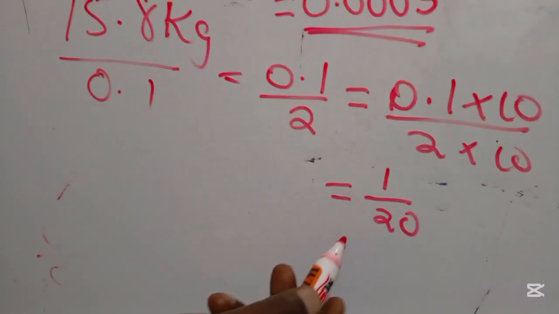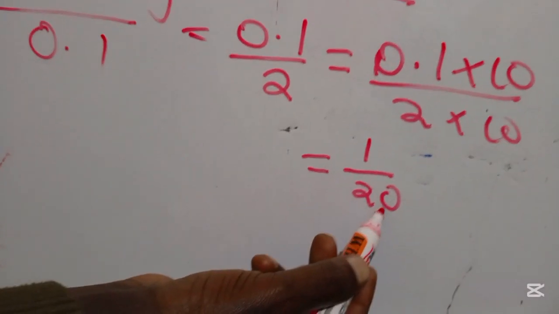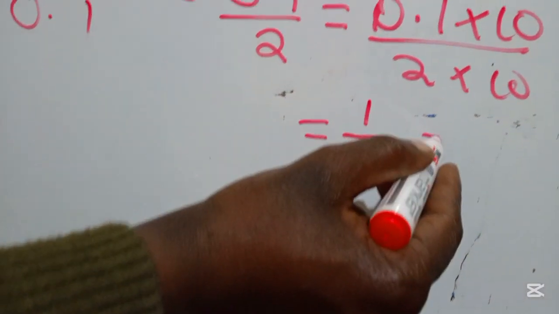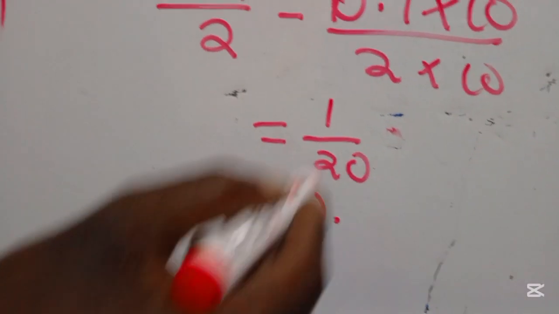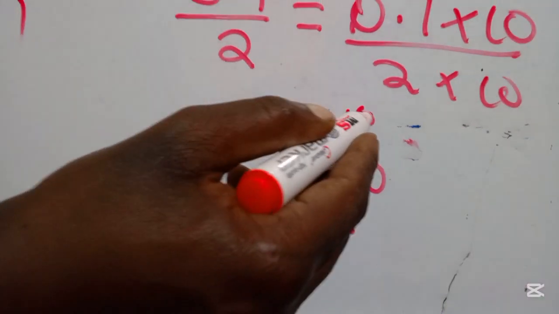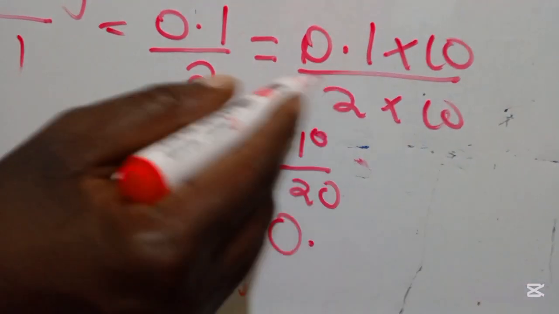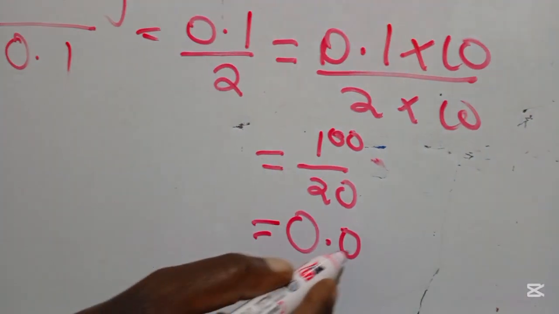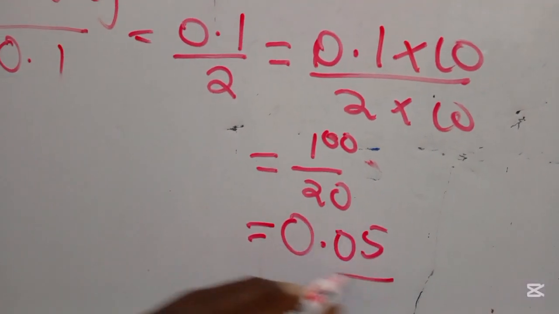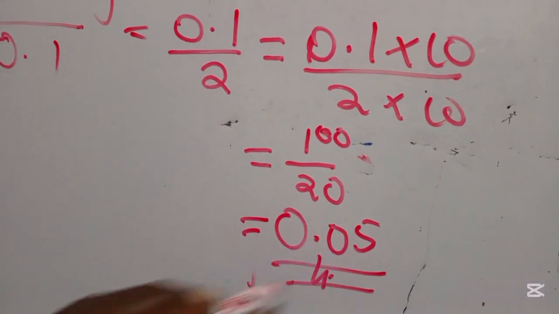Then you divide. 20 into 1, it can't, so I write a 0 and a point, and I add a 0. 20 into 10, again it can't. I write a 0, I add a 0. 20 into 100 is 5. So this is my absolute error.